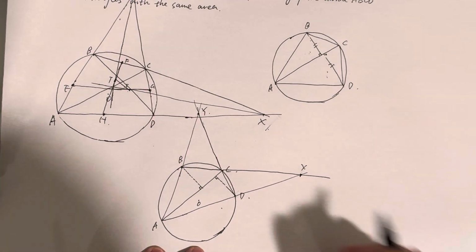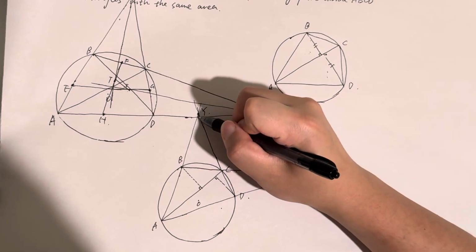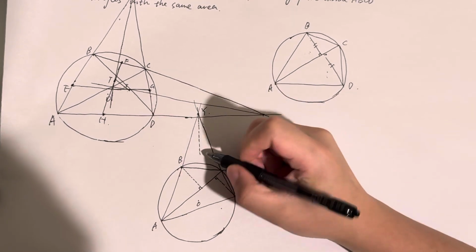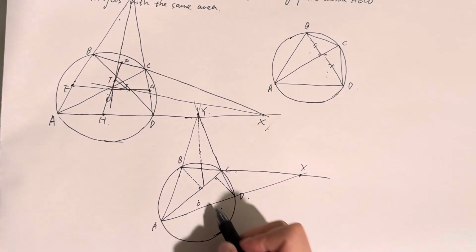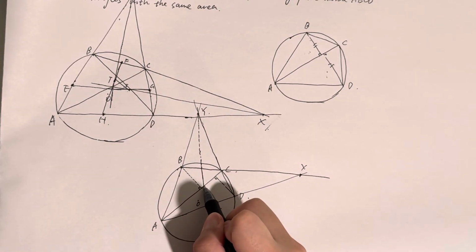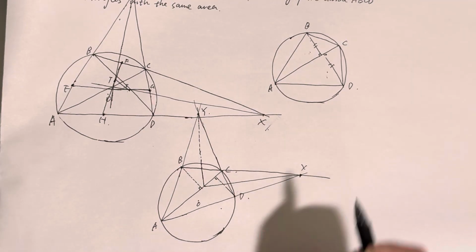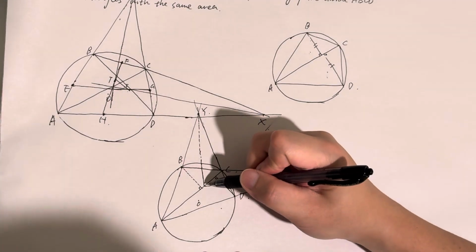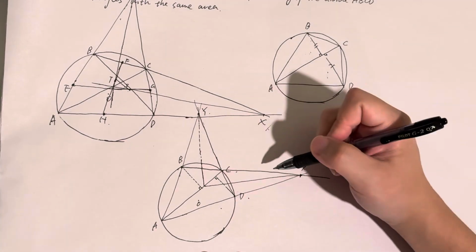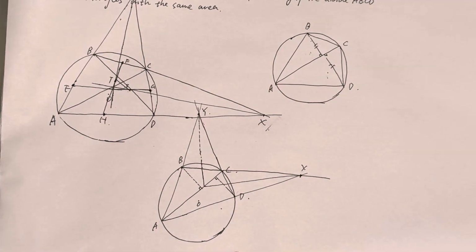And now let's think about the angle bisector lines here, and here. You may already notice that I put these two angle bisectors to be concurrent with AC.